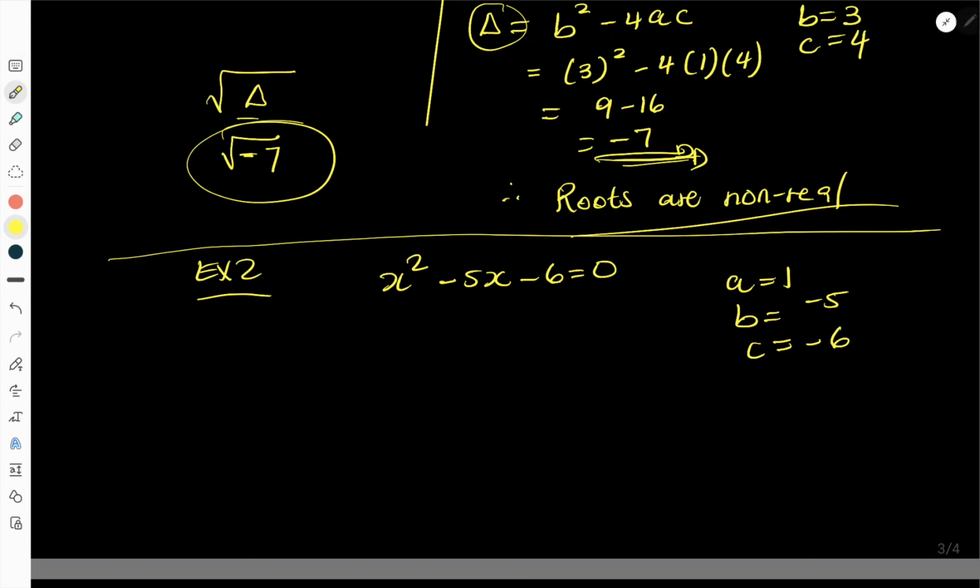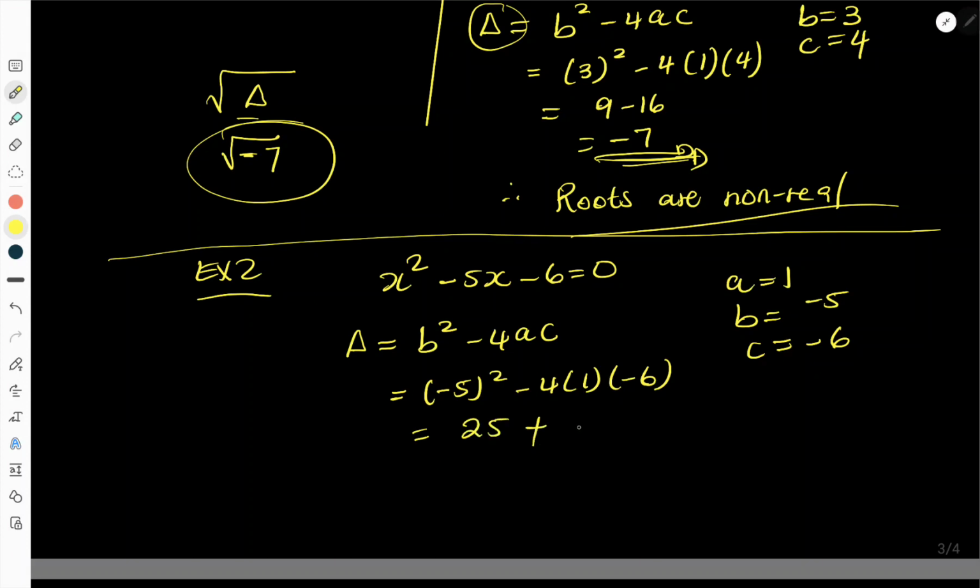Meaning that, let's find delta. Delta is equal to b squared minus 4ac. What is your b value? Your b is -5 squared minus 4 times your a, which is 1, times your c, which is -6. Then you punch this in your calculator. Now we just do it manually. So it's 25 plus 24.